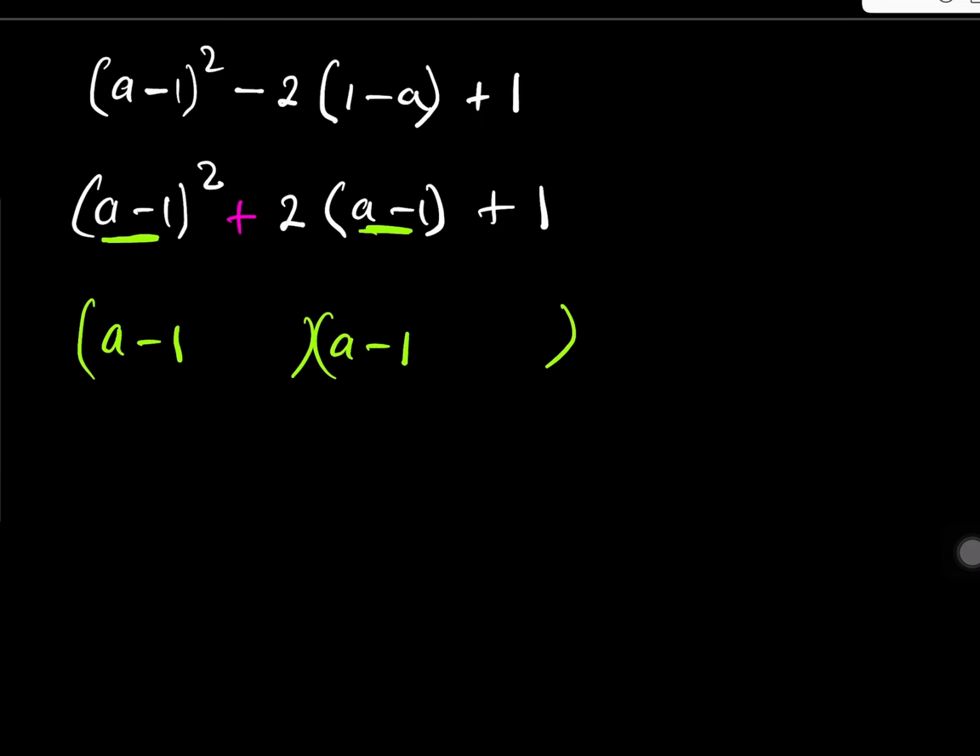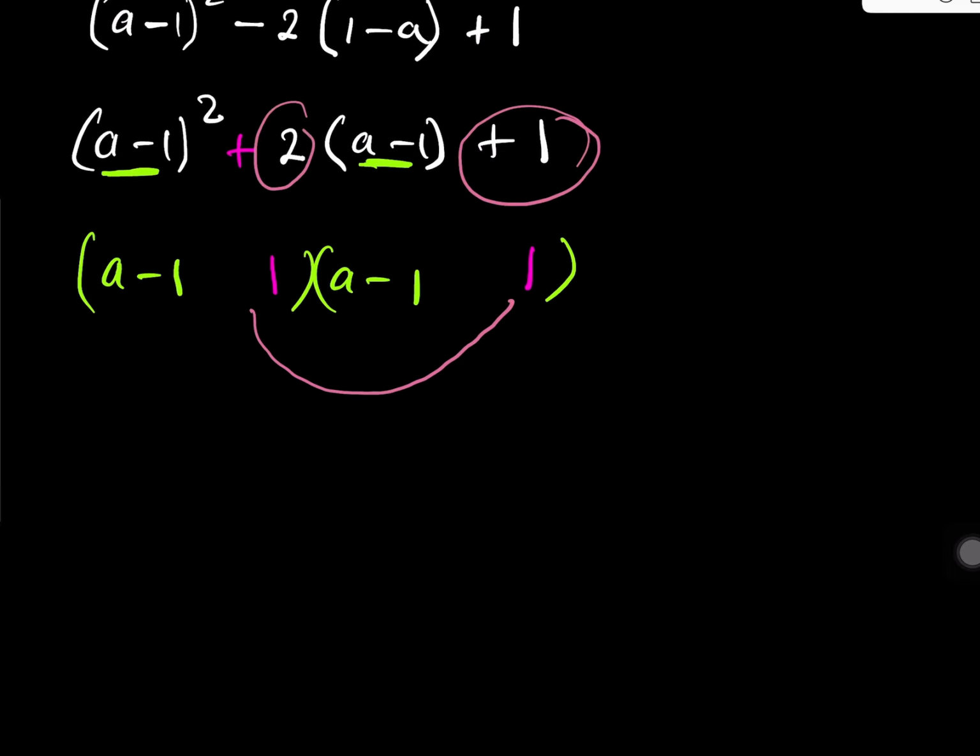Now you want the factors for 1. So that means the factors of 1 have to be 1 and 1 there. Be very careful because you want the product to be positive 1 and then the sum to be 2. So the signs here are going to be plus and plus.